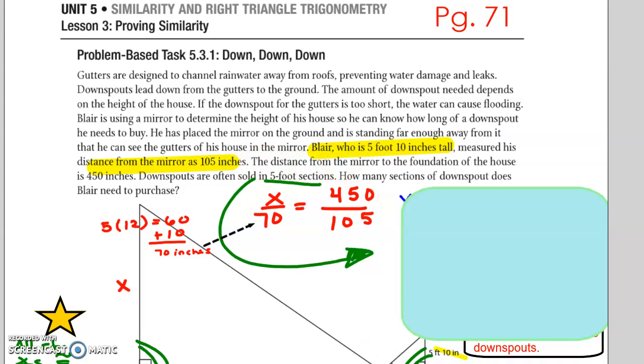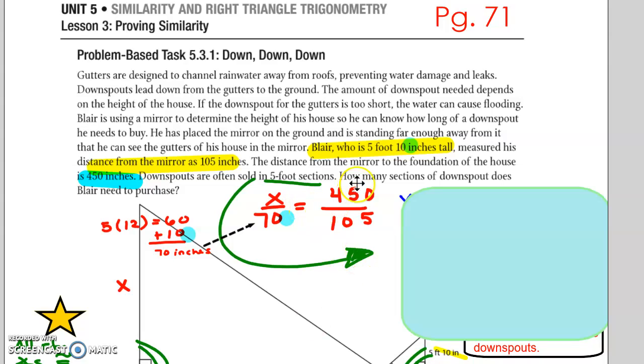And then the distance of the mirror from the house is 450 inches. So for that reason, I chose to change Blair's height into all inches. So 5 feet times the 12 inches gives me the 60 plus the additional 10. Add that up, that's how I got 70 inches for Blair's height.